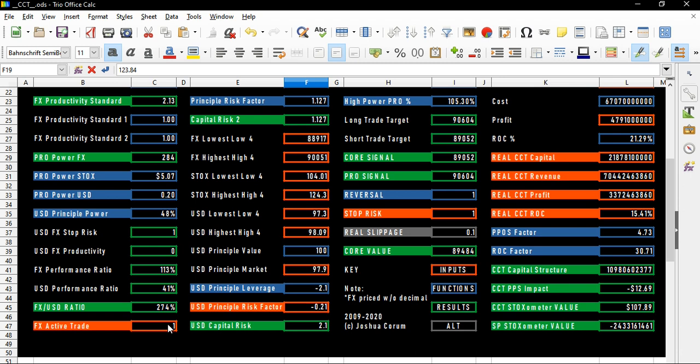All right, so it could be a key reversal area or a consolidation area. Typically, that active trade is around a number that's about 10 divided into the Pro Power Forex. So when you look at the Pro Power, if you were to divide that by 10, typically the Forex active trade's right around that number, somewhere closer to that, all right?